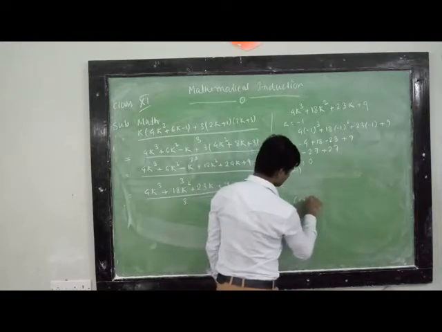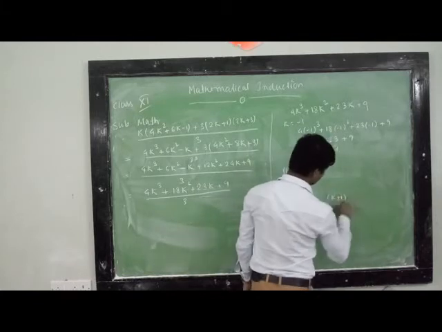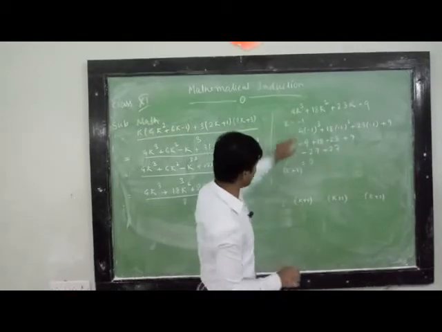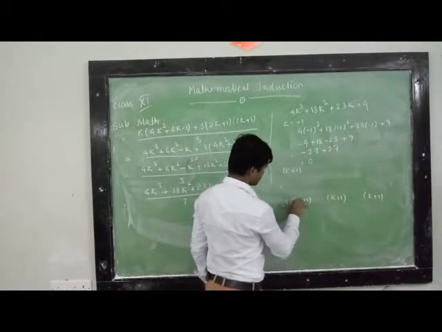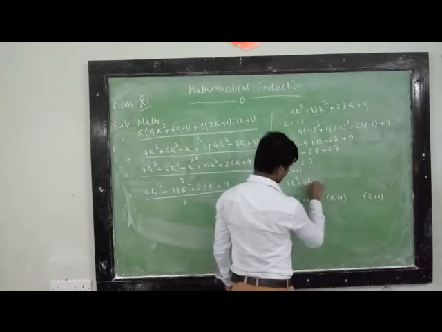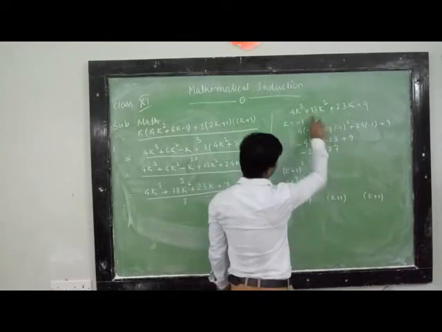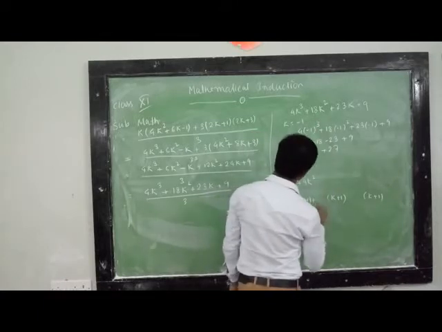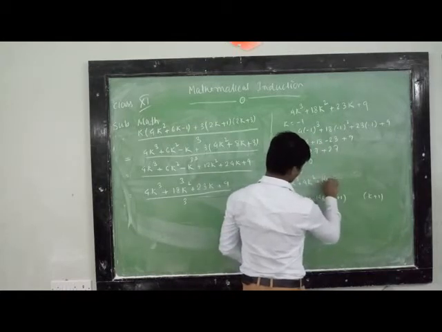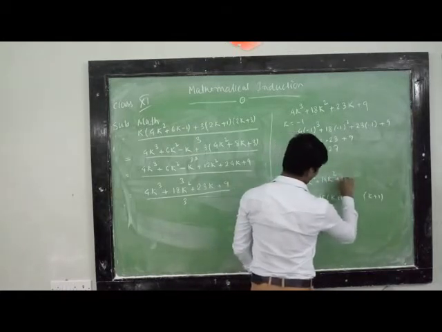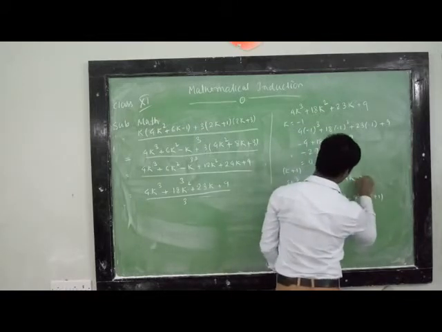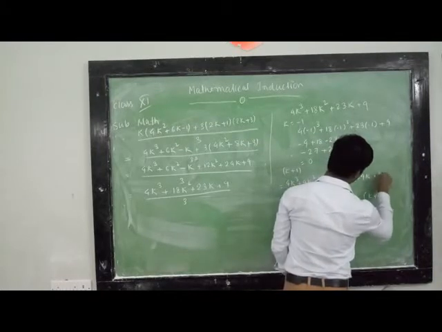Okay, so write k plus 1. As it is 4k cube, put 4k square, that is 4k cube plus 4k square, and it is 18k square, 4k square, so put 14k square plus 14k and plus 9k plus 9.